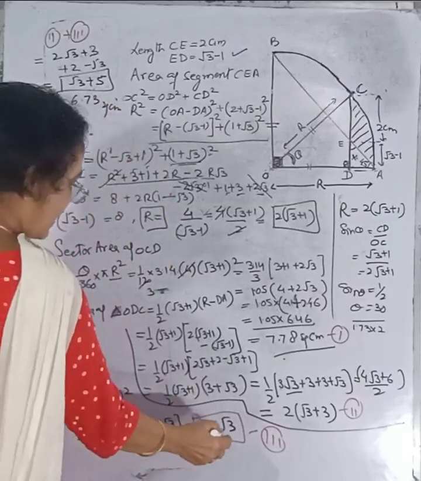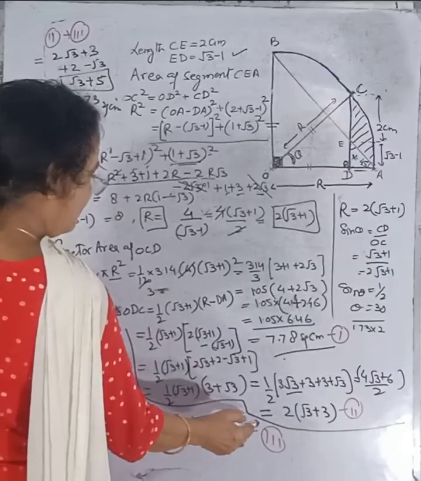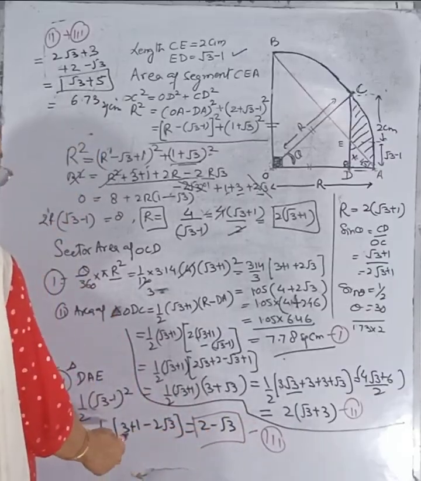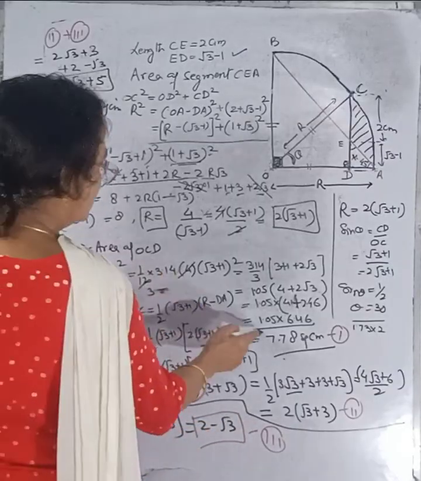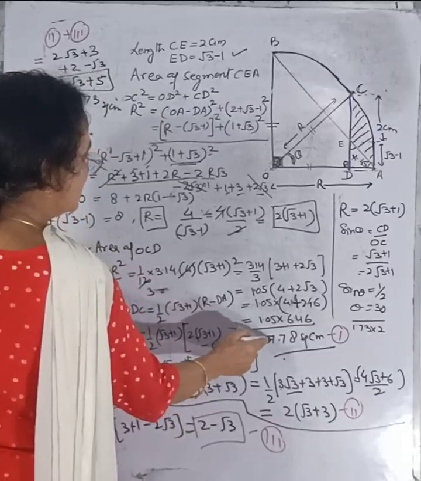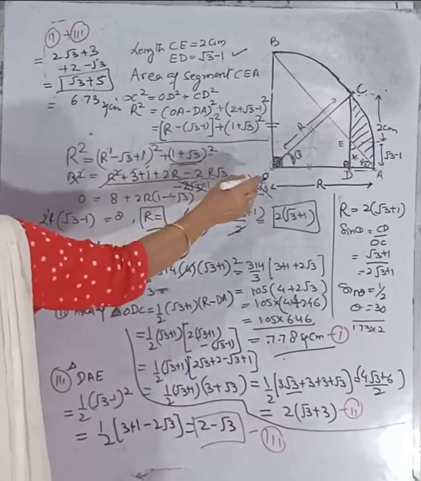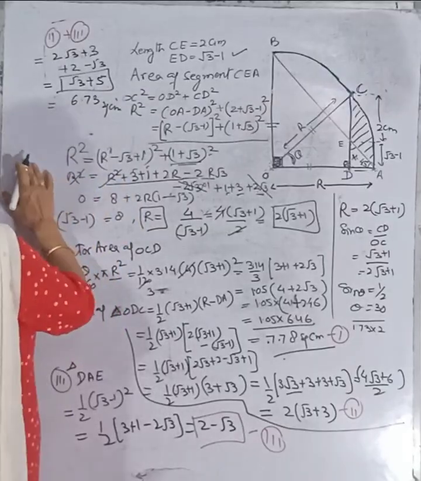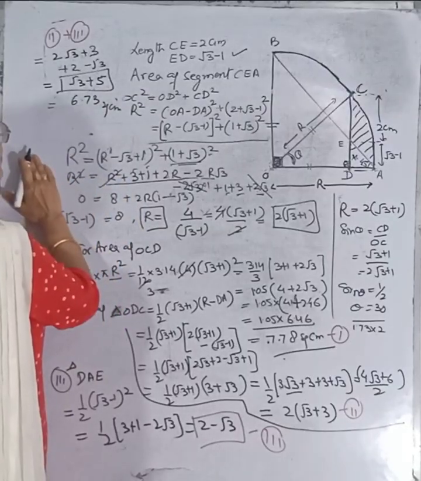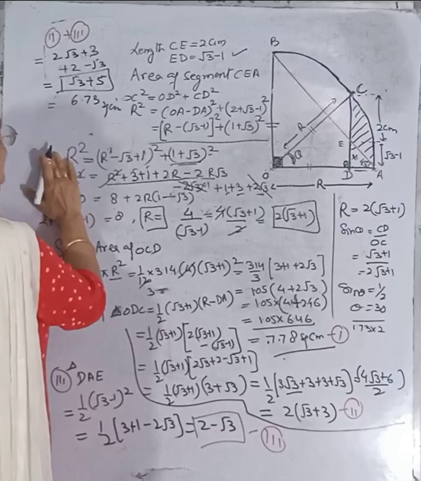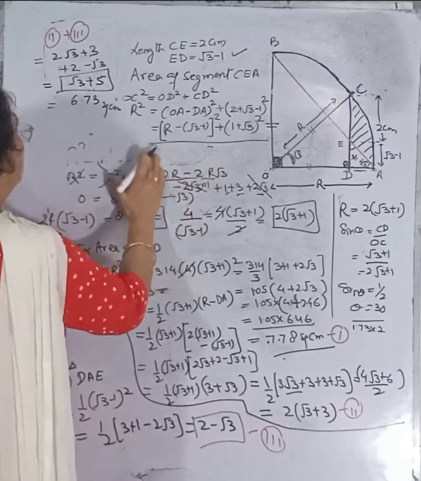It means that we have calculated the total area of the sector was 7.78. It means the shaded area will be, I am further going to rub it, please don't confuse because it has already been done, you can see in your video.